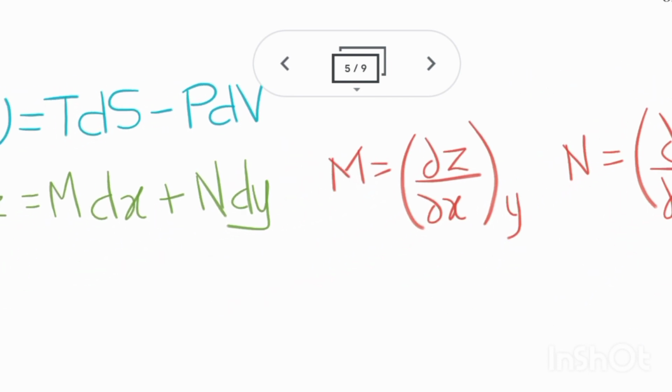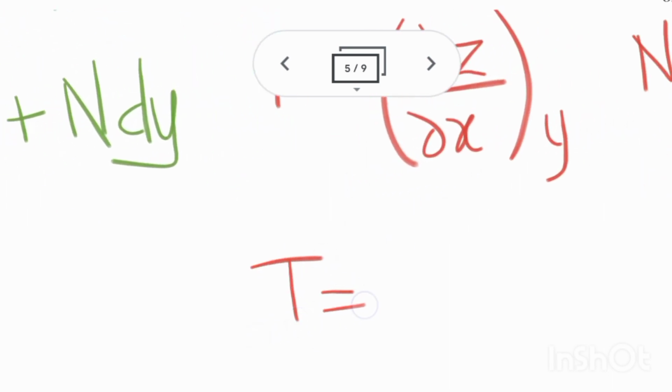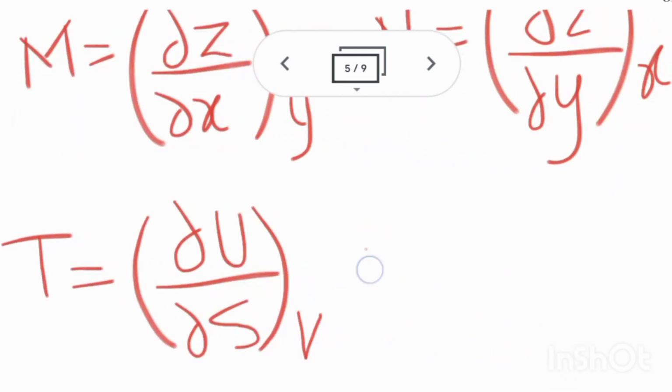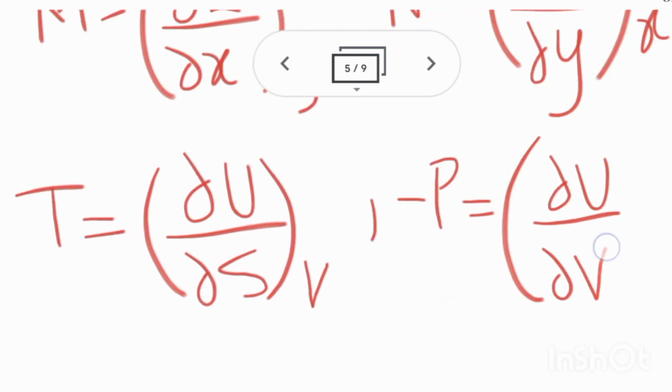So now if I correlate with the same, M equals T, which will equal ∂U/∂S at constant V, right? Similarly, if I correlate N with minus P, minus P will equal ∂U/∂V at constant S.